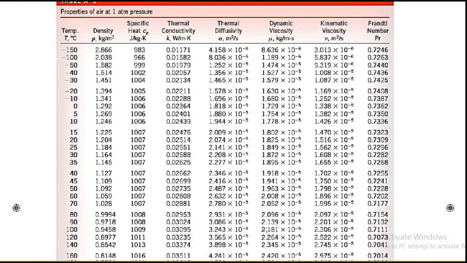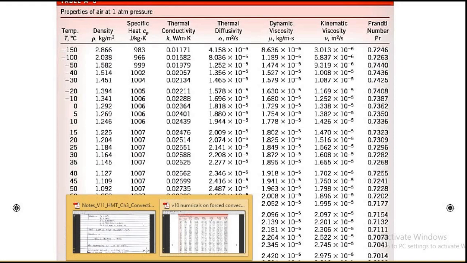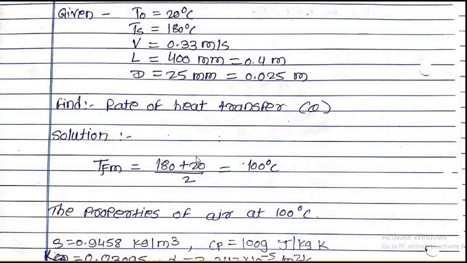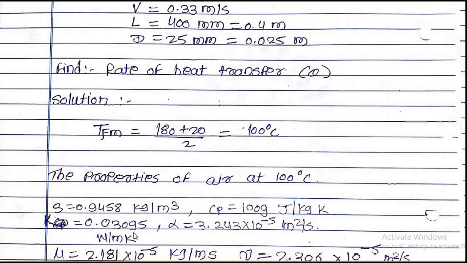Then dynamic viscosity is 2.181 into 10 raised to minus 5 kg per meter second. Then kinematic viscosity is 2.306 into 10 raised to minus 5, and Prandtl number is 0.7111. So these properties we have to consider to do the further calculation. These properties we have considered over here, same properties we have considered over here.